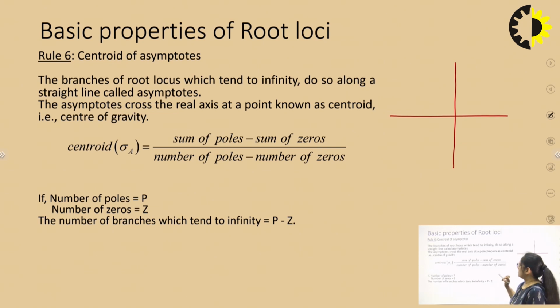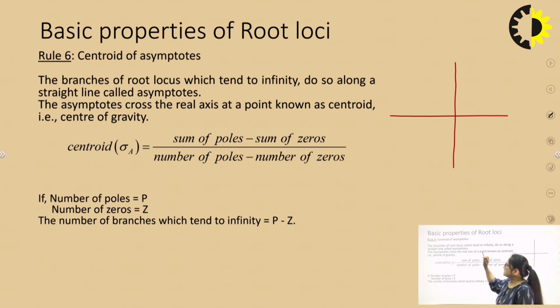Now, those branches of root locus which tend to infinity need a path: where they are going, and from which angle they have to reach infinity. So, rule number 6 and rule number 7 tell us about the root locus branches which tend to infinity.